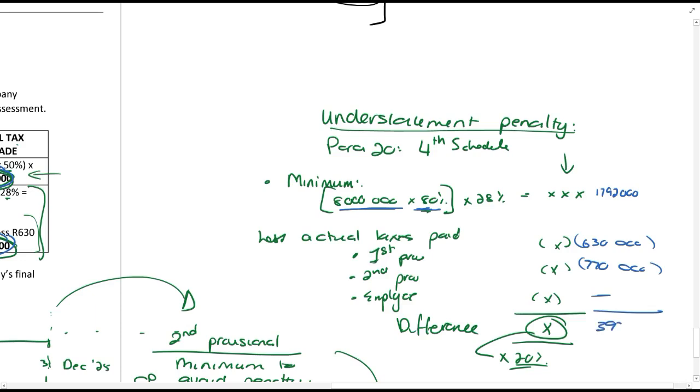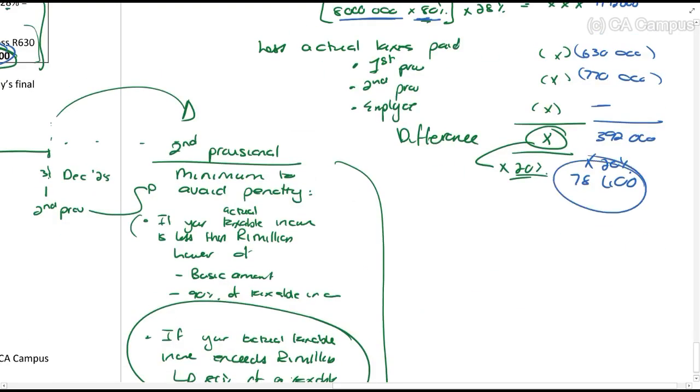Gives us 392. And that times 20% gives us 78,400. So that is the penalty that they will have to pay.